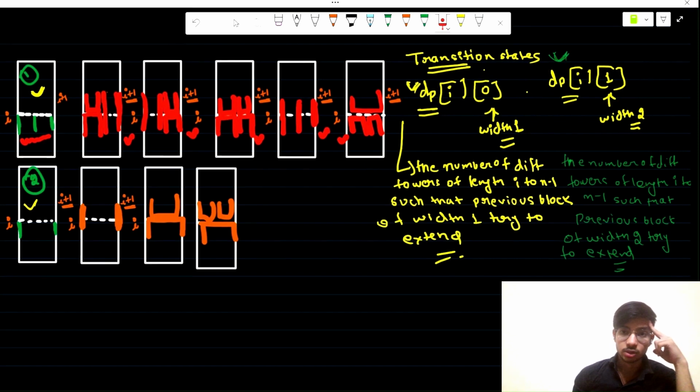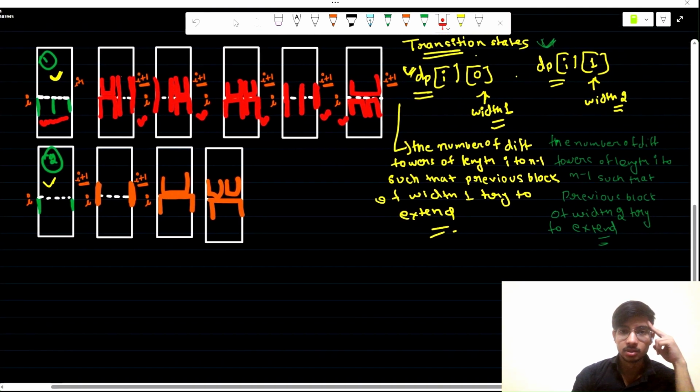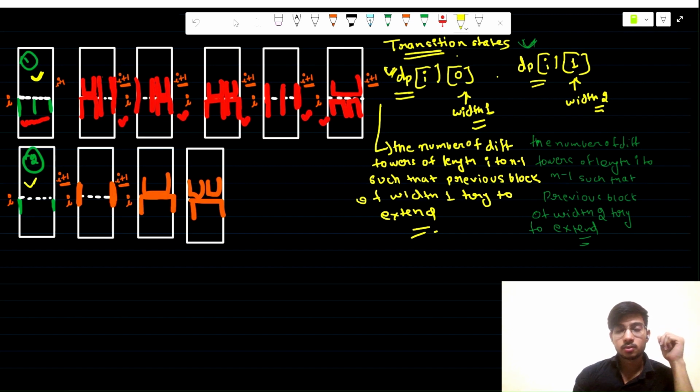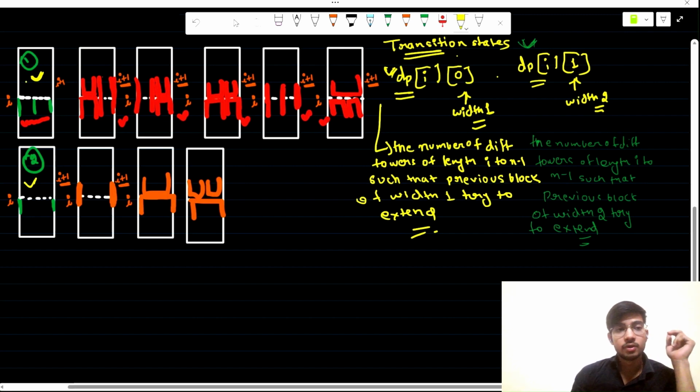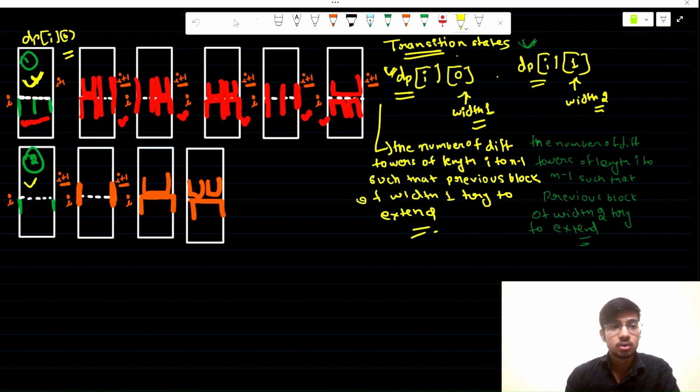Now, how to write the transition? What will be the transition, right? For the block of width 1, if it is trying to extend, what is dp of I0? dp of I0 is equal to dp of I plus 1, 0 for this case, where width of 1 is trying to extend.